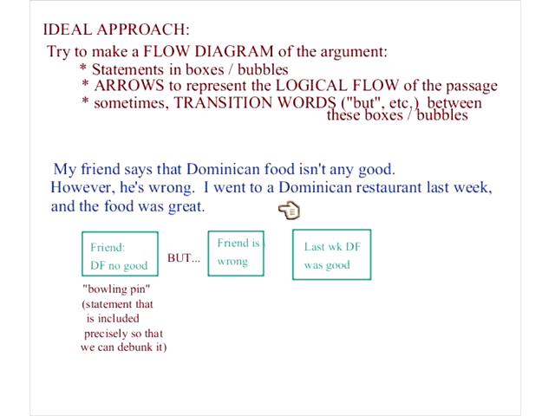And then we've got to figure out which way the arrow goes here, because the way the logical flow works is either this statement supports that one or that one supports this one. So go ahead and tell me in the text box, do you think statement 1 supports statement 2, or do you think statement 2 is used to support statement 1? Go ahead and tell me in the text box.